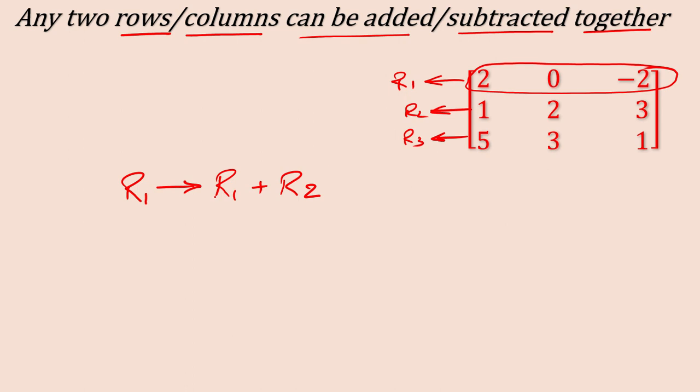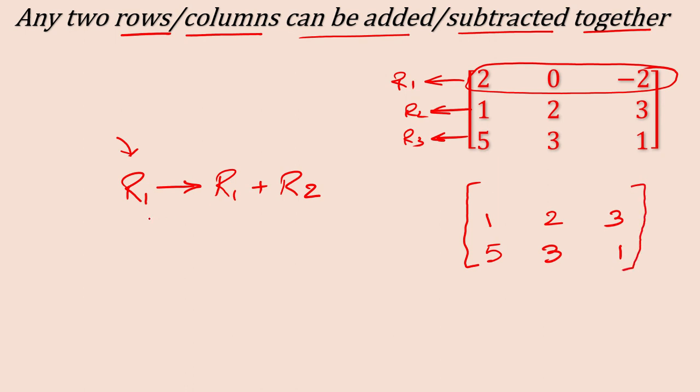Now we are performing the calculation on R1, so R1 is going to be replaced. The rest, R2 and R3, will remain the same. So first you write the same rows which are not going to change: 1, 2, 3 as the second row, and 5, 3, 1 as the third row. There is no change in the second and third rows.